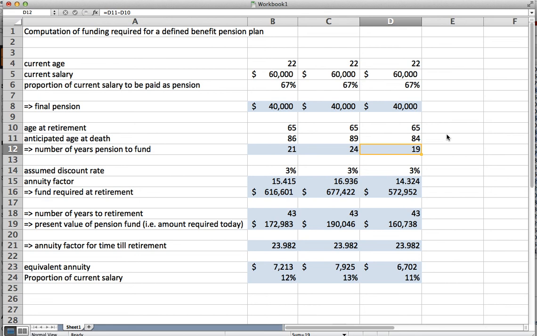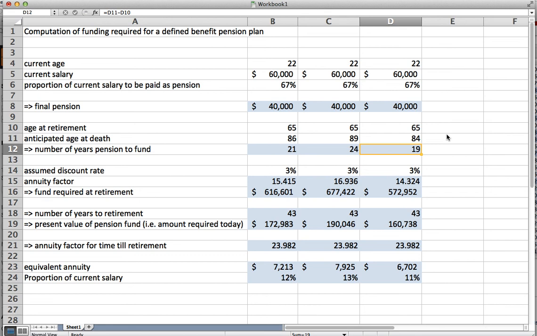And maybe this is one of the few areas in life where females actually get a good deal, because the way pension funds are set up is that they only have to contribute the same as males, even though their anticipated pension benefits, because they're going to live longer, are in fact greater. So 11%, 13%, 12% is reasonably affordable.